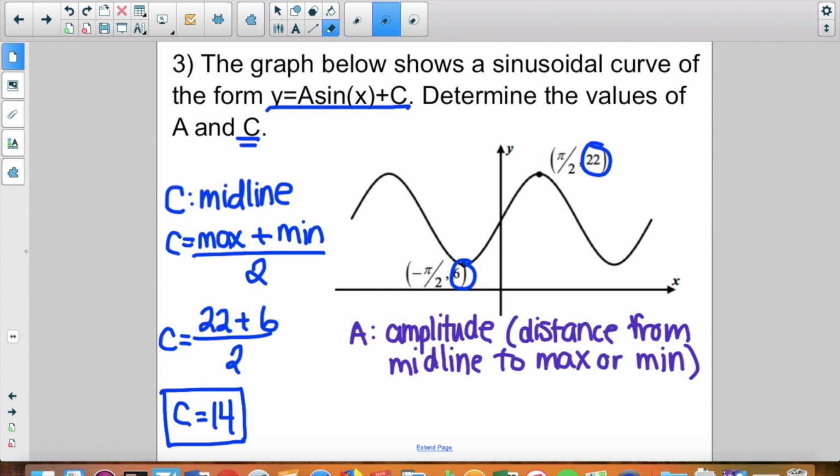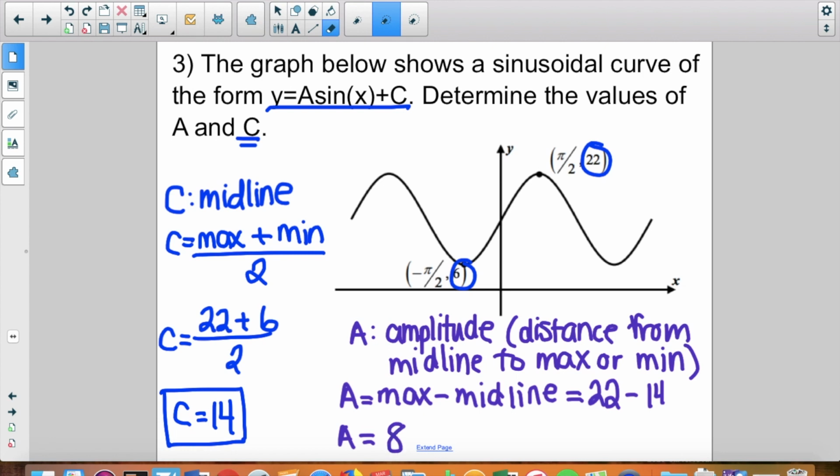So what we have to do is just subtract the numbers. So to find A, you can take your max and subtract your midline. Or you can do your midline subtracted by the minimum, whichever you prefer. So our maximum point was 22. Our midline was 14. So that tells us that our amplitude is 8.